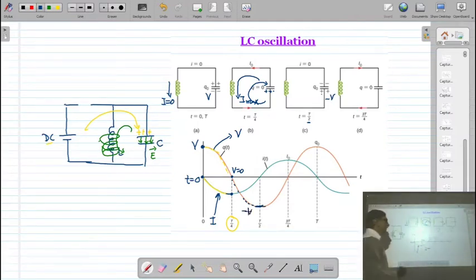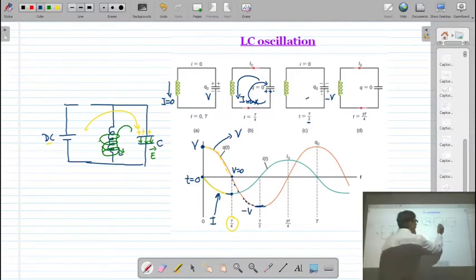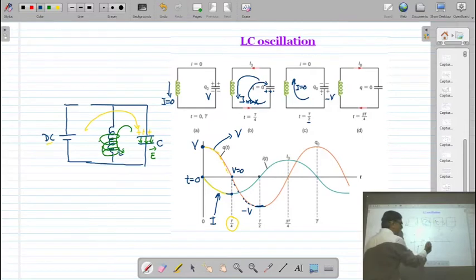And at that time, if you see, the current in the inductor is also 0. So at this point the current is 0. Then after again, what will happen? The capacitor is going to be discharged in the opposite direction. Here now we have this negative charge.